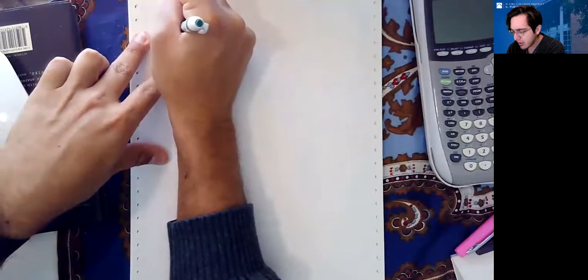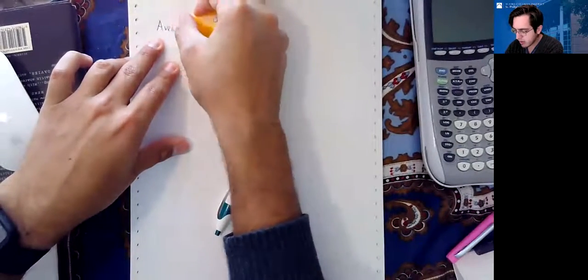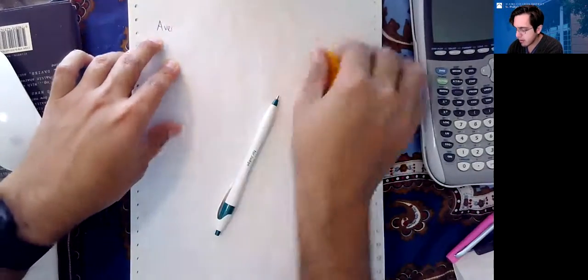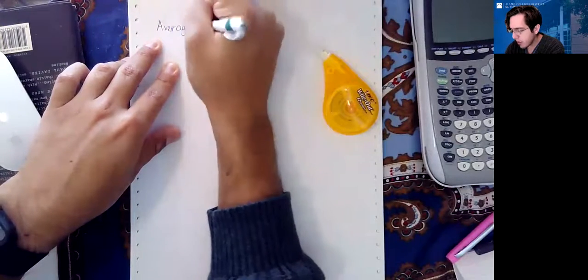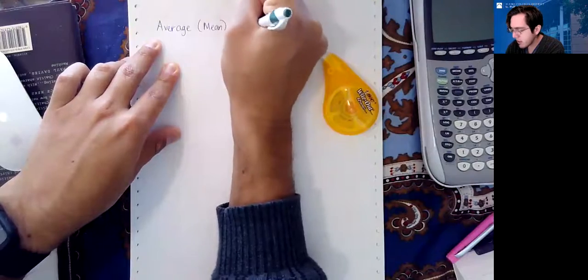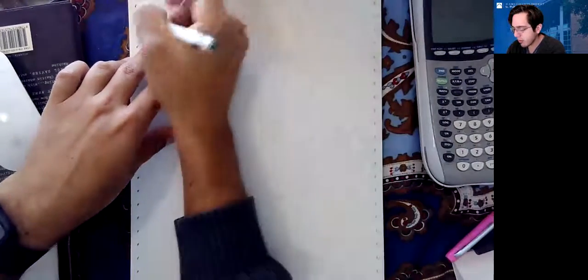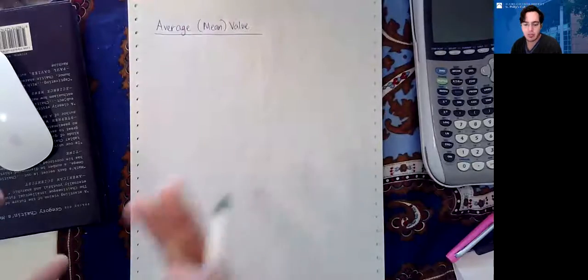So the average, or sometimes what's called the mean value, sort of tells you the midpoint or some middle number that is in the middle of a set of numbers.